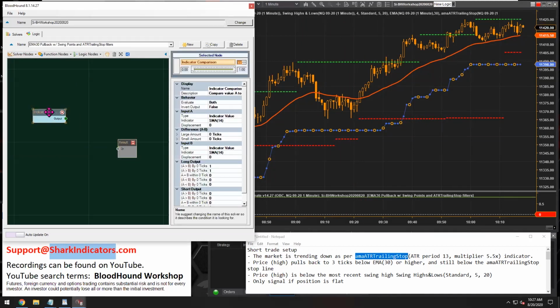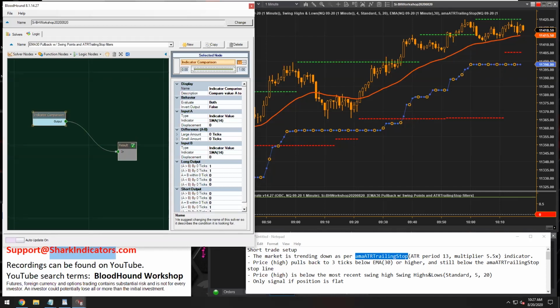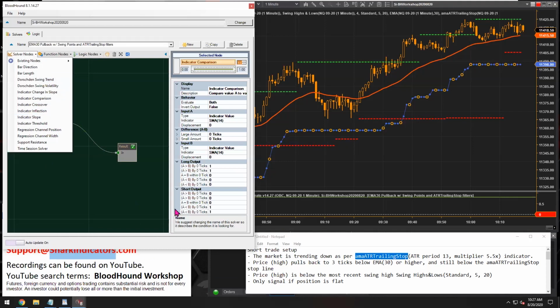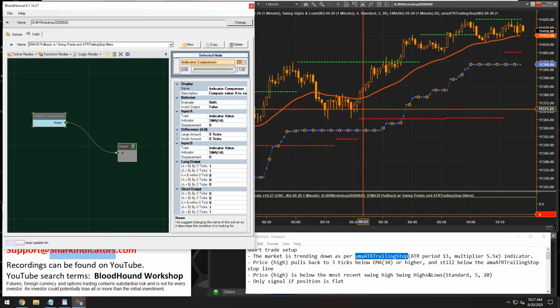The comparison solver is one of the main workhorses out of all the solvers, because what are we doing on charts? We're comparing whether one piece of data is above another piece of data. In this case, we're checking to see, is price above or below our ATR trailing stop indicator?